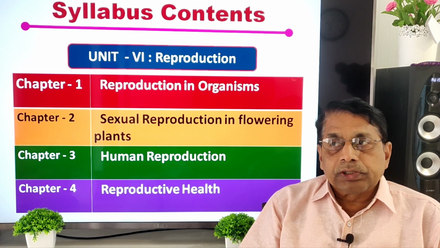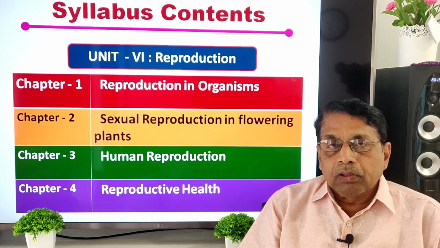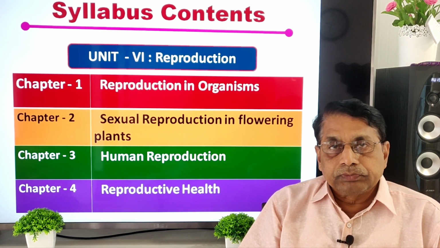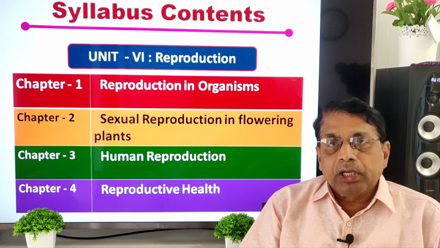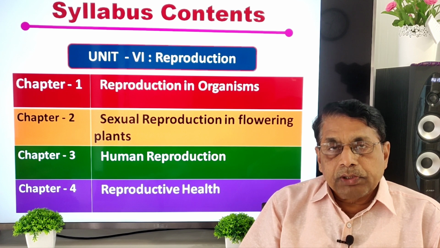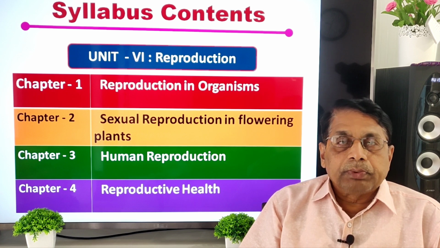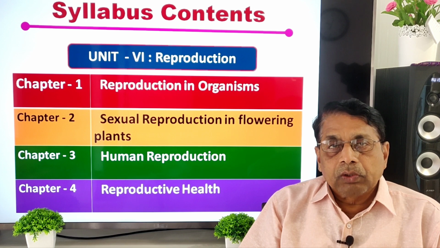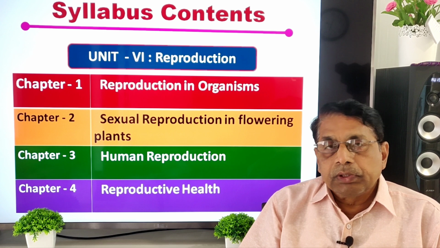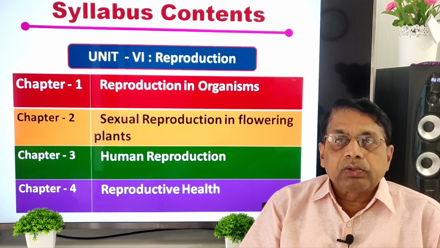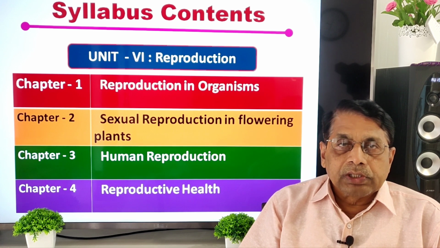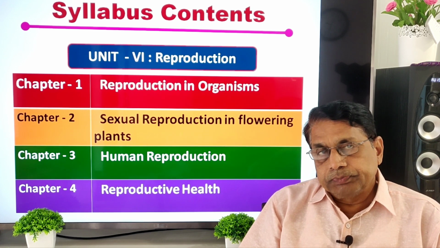Then sexual reproduction is present even in lower organisms, but with various types in higher plants and higher animals. Sexual reproduction includes the production of the gametes and the union of the gametes, that is fertilization, to form the diploid zygote, and the diploid zygote undergoes reduction division or meiotic division and produces the haploid stage.